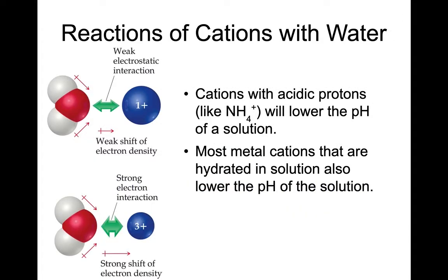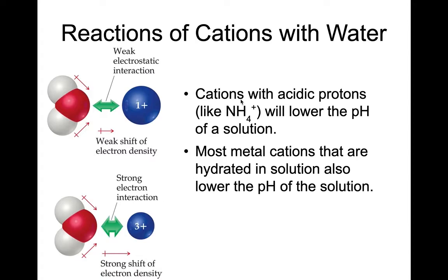Now it's time to talk about the cations. There's a little bit more to cations. They've got a bit more options. So a cation with an acidic proton would lower the pH of a solution. So NH4, for example. Our cation here is NH3, and it has picked up an extra proton, an extra hydrogen ion.